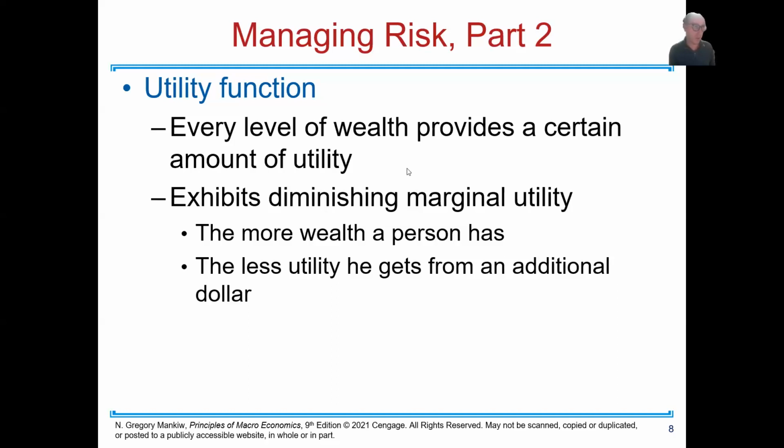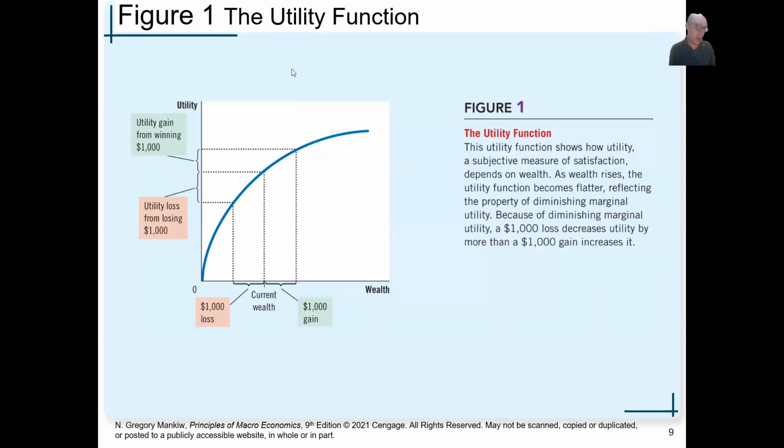The best way to describe that is through this graph. This is the law of diminishing return, also known as the utility function. You can see that as time goes on and as wealth increases, the utility is less useful because of the law of diminishing returns.